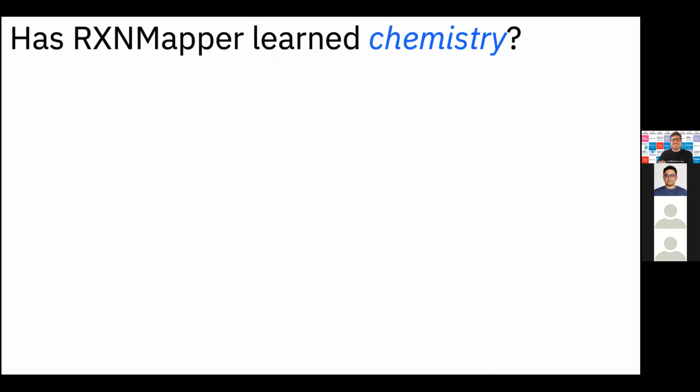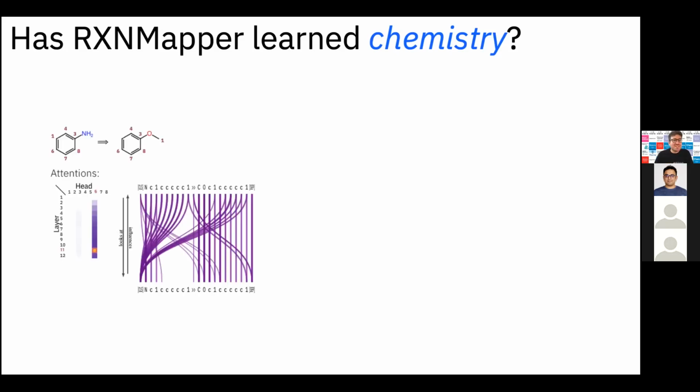The question is, has Reactionmapper learned some chemistry? For this, I would like to show you the following example that a user sent to us and said, Reactionmapper doesn't work. Reactionmapper doesn't even map the benzene ring to the benzene ring. We were a bit puzzled to see this, and we inputted it into our system and looked at the attention weights.